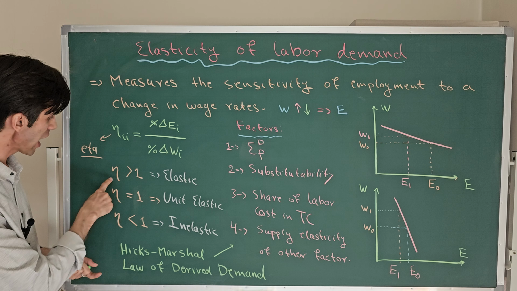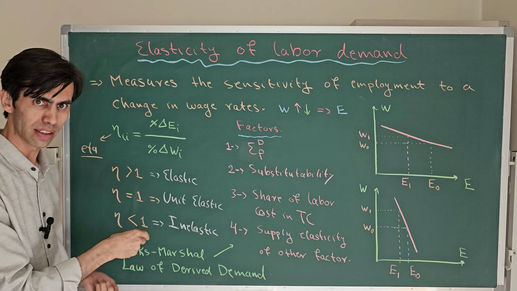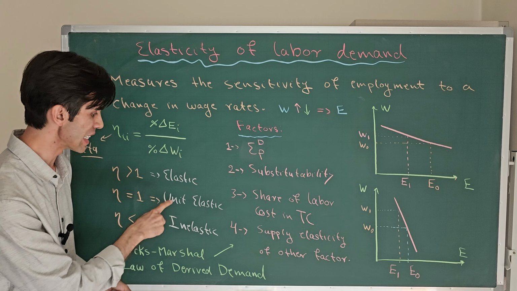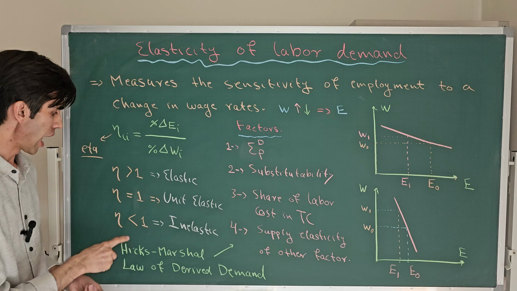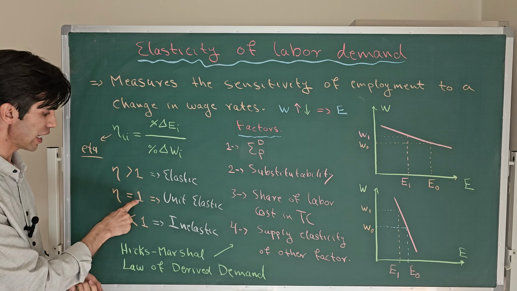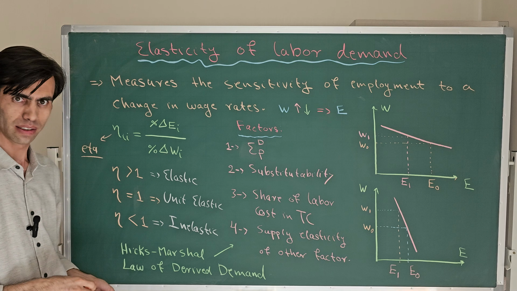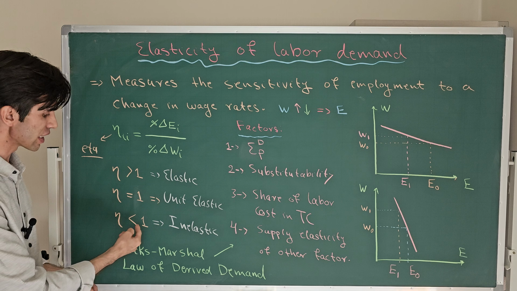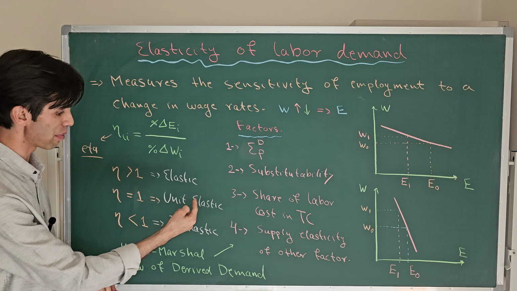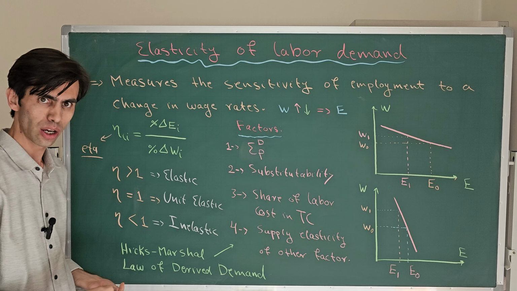So when eta is greater than 1, the labor demand is elastic. When eta is equal to 1, the labor demand is unit elastic. But if eta is less than 1, then the labor demand is inelastic. What does it mean?